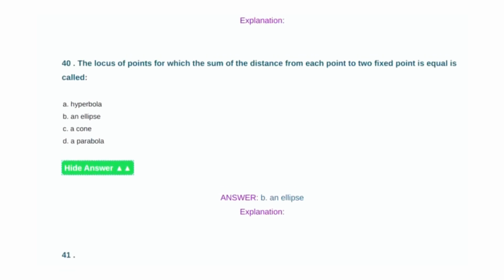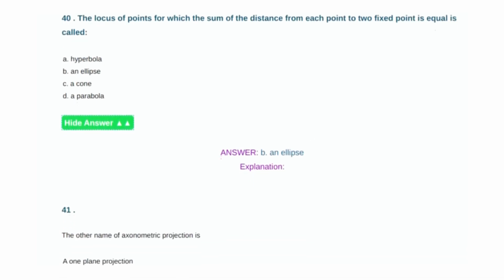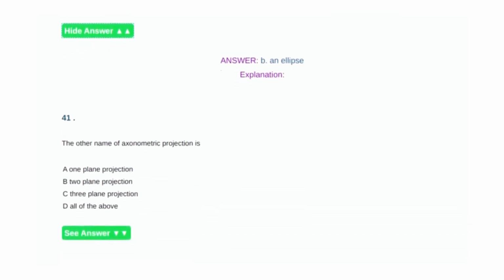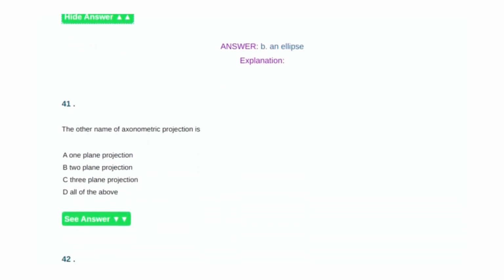The sum of distances from each point to two fixed points is equal: ellipse. The other name of axonometric projection is one plane projection, two plane projection, three plane projection.